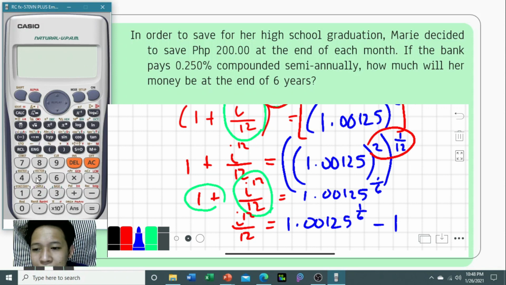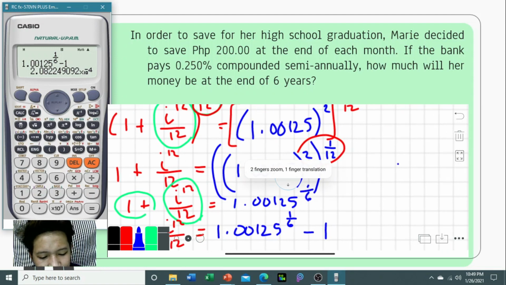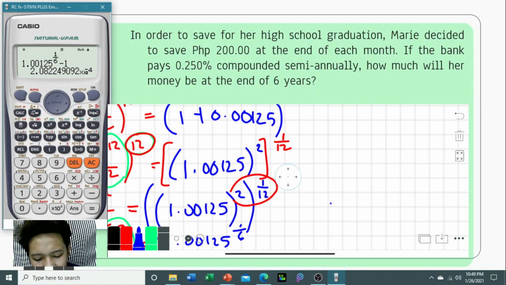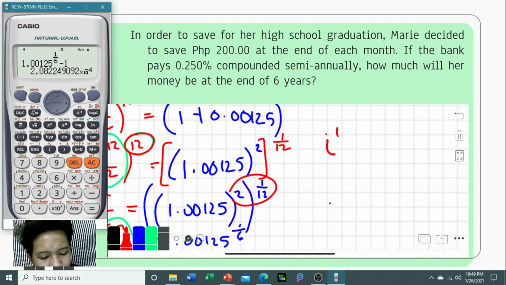So that would be, sabi dyan, 1.00125 raised to 1 over 6, and then, minus 1. So yung minus 1 po ay sa whole number, ha? So that's equivalent to, so we have i raised to 12 over 12 is equivalent to, so this is negative 4.